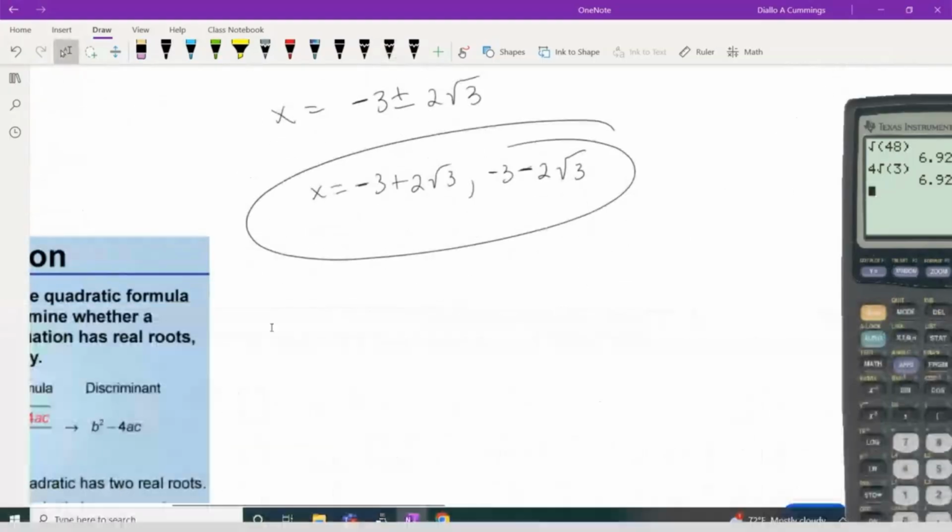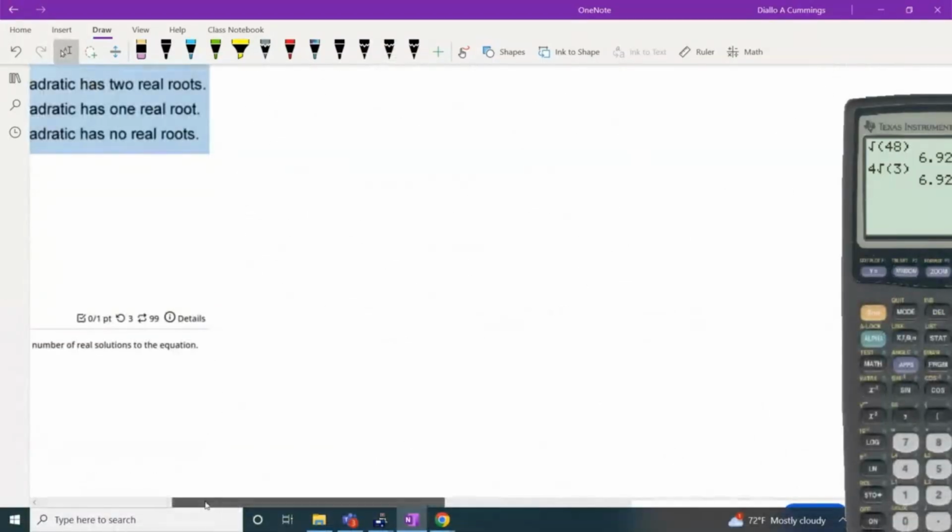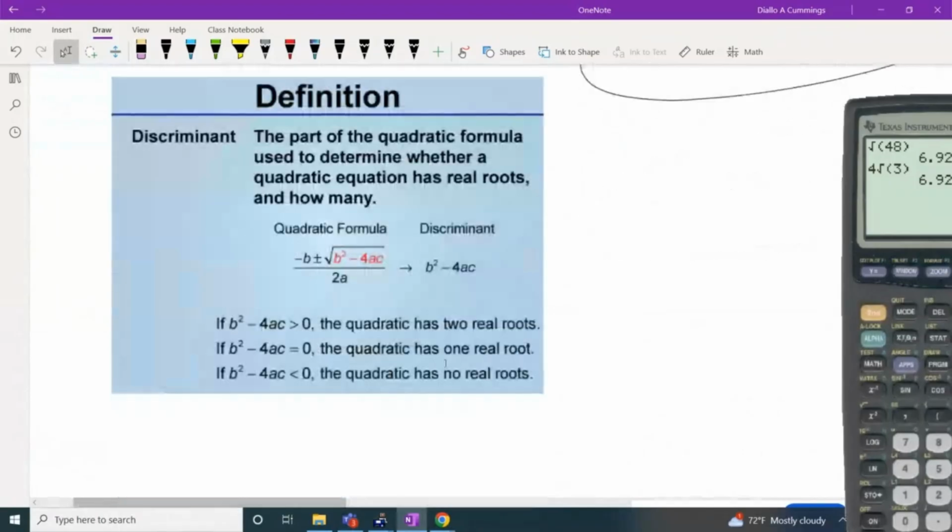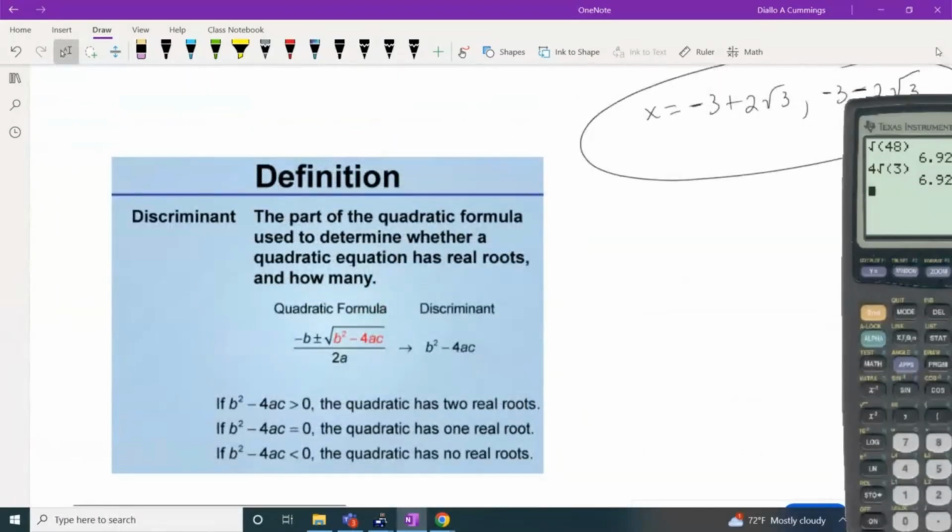All right, now the last thing is something called the discriminant. If you look at the quadratic formula, the discriminant is the expression underneath the radical, the b squared minus 4ac.